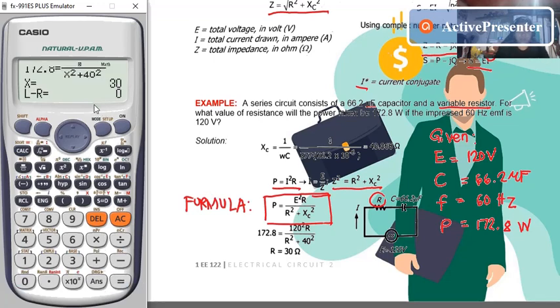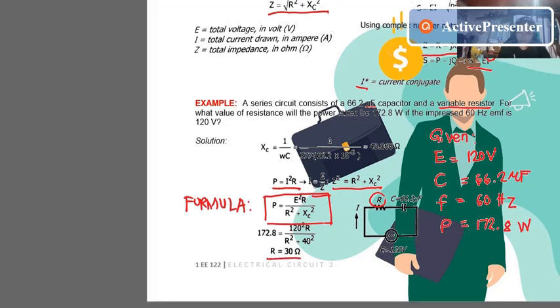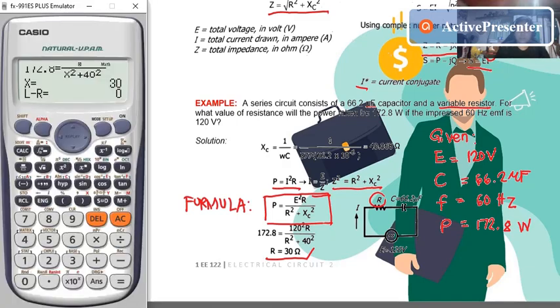Our answer will be 30 ohms. It is automatic. Therefore our unknown resistor is 30 ohms. Shift solve is only needed if the solving process is long. I recommend that you practice the shift solve technique.